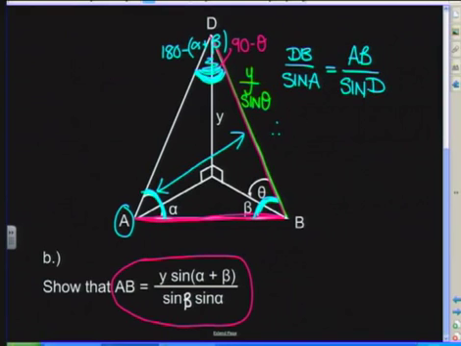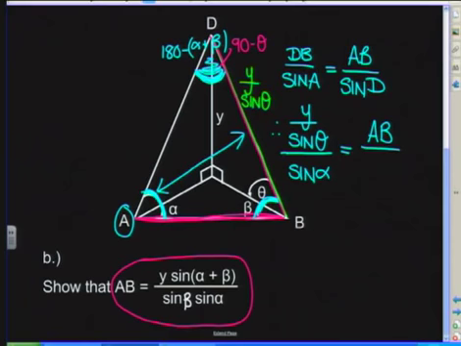DB is y over sine theta, and that's all over sine of angle A, which is alpha. That's equal to my length from A to B, which is what we're trying to find, over sine of angle D. And angle D, I'm going to write it underneath here, is 180 minus alpha plus beta.